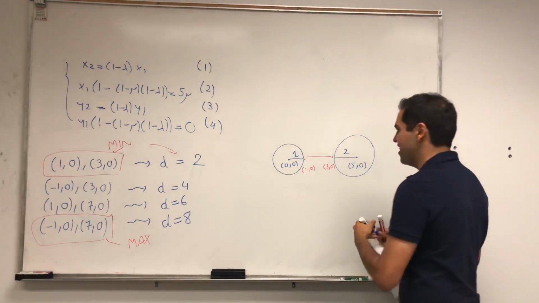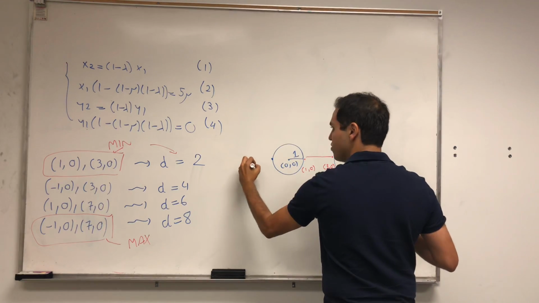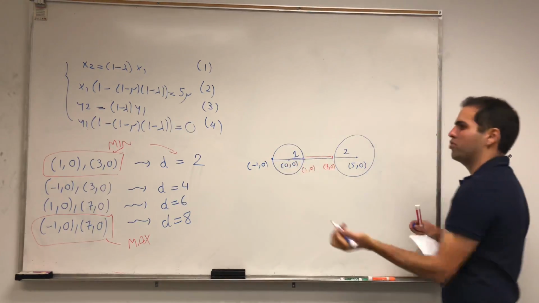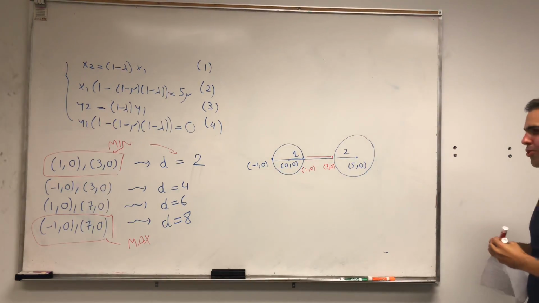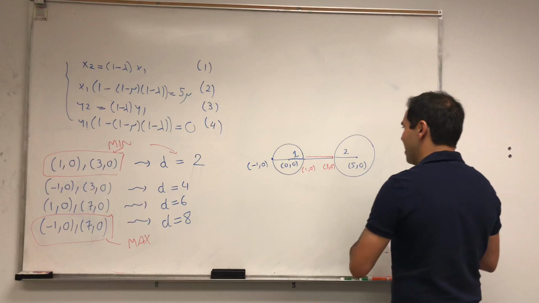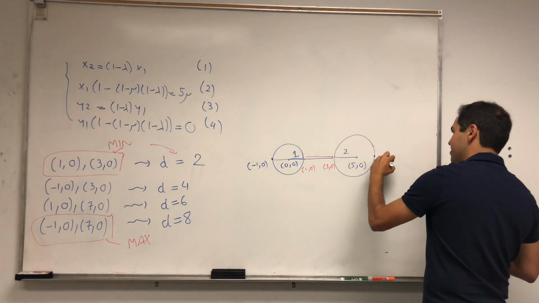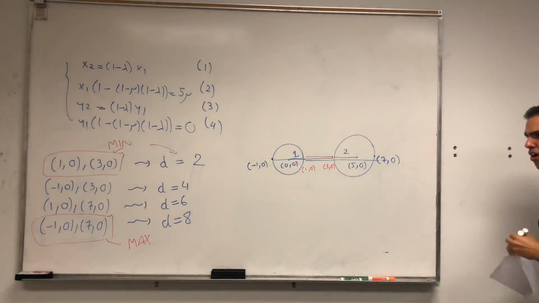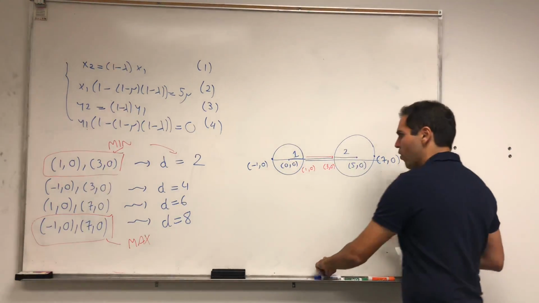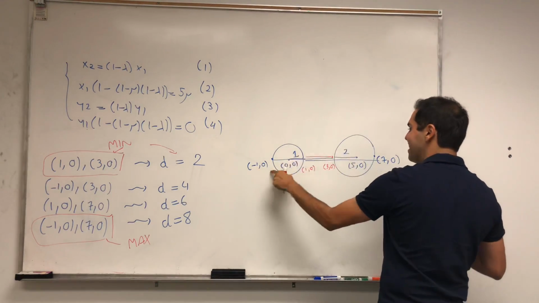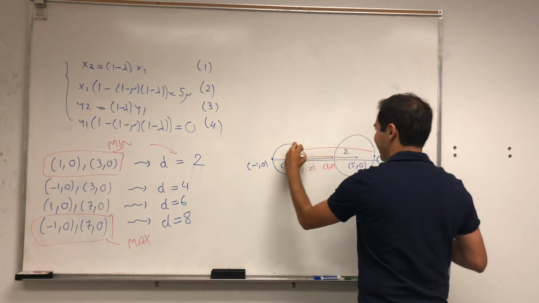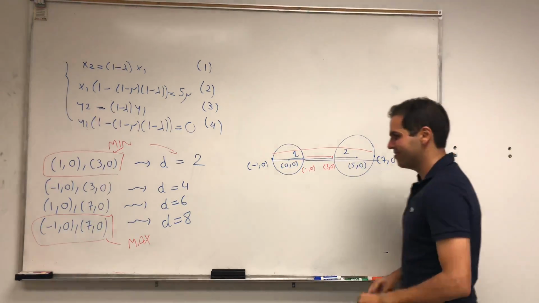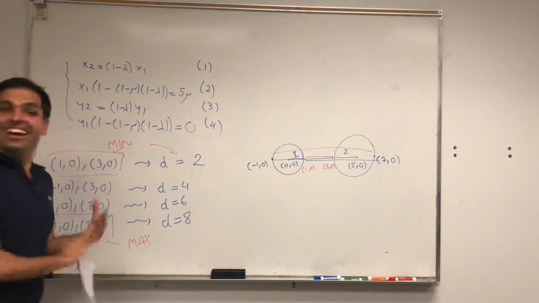On the other hand, the second choice gives us those 2 things, minus 1, 0, and 3, 0, which is sort of intermediate, so it doesn't work. On the other hand, we have those 2 things, so 7, 0, and 1, 0, this distance, which is also intermediate, or the last thing is minus 1, 0, and 7, 0, and yes, that does give us the biggest distance. So it does work. That's what I want to say.